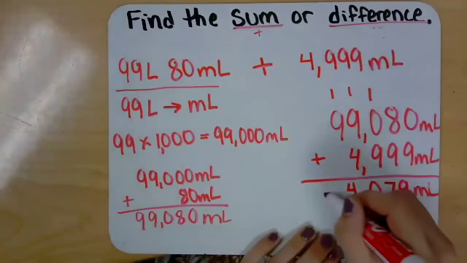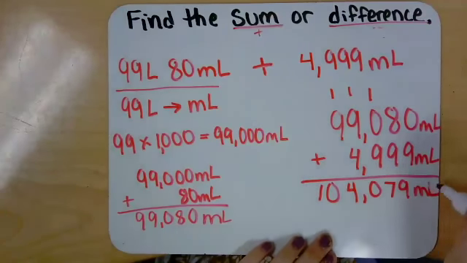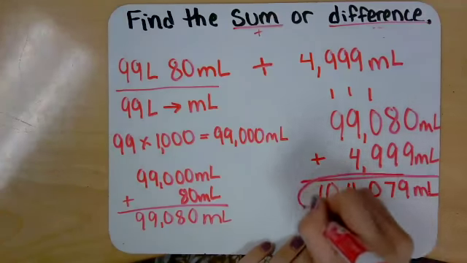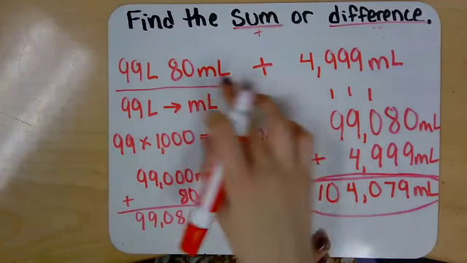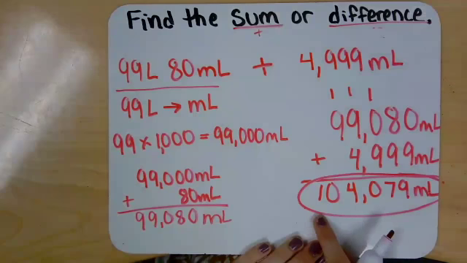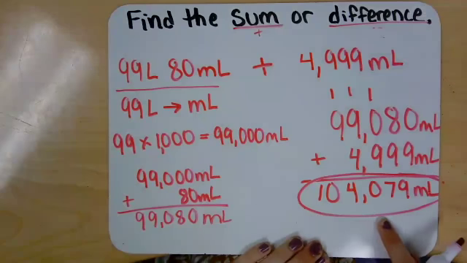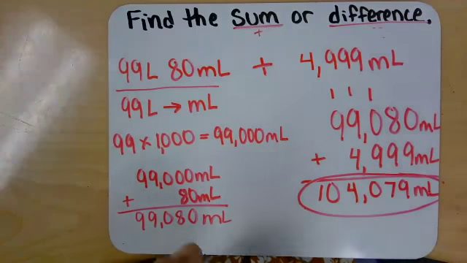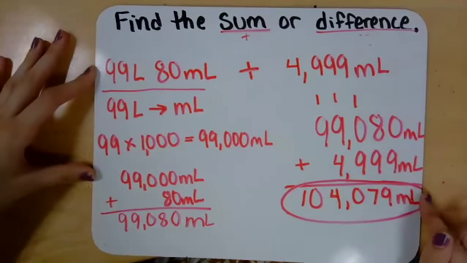And 9 plus 1 equals 10. So all together, by turning each side to milliliters and then adding together, we get 104,079 milliliters.